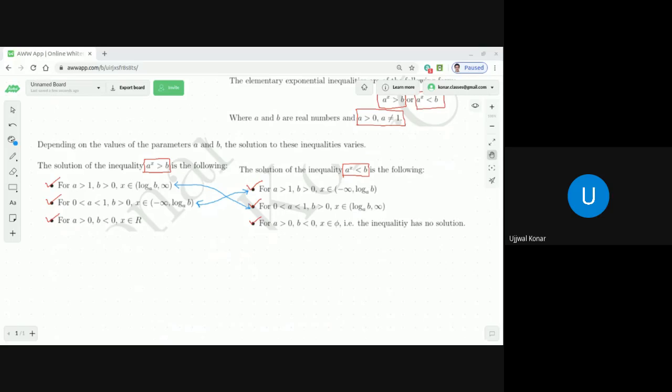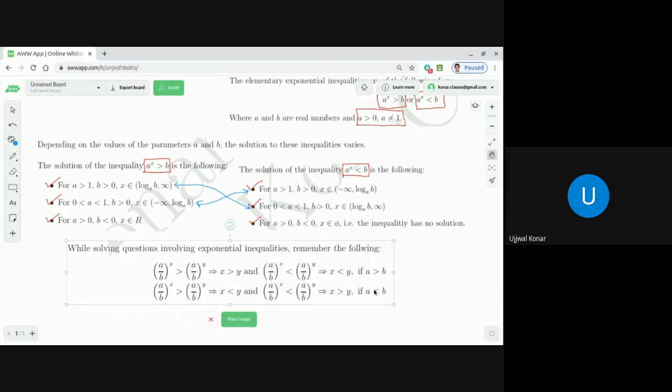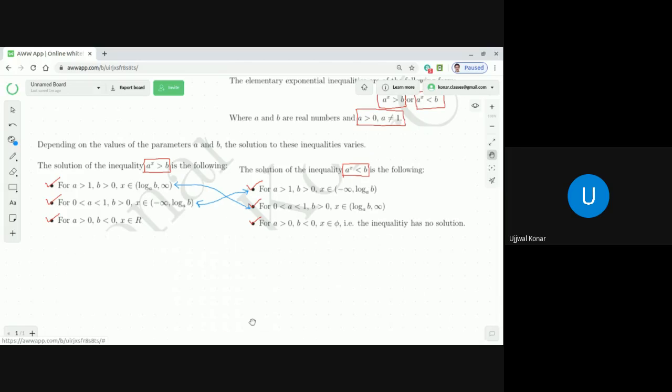All of you are aware of this, but it is very important while solving problems related to exponential inequalities.